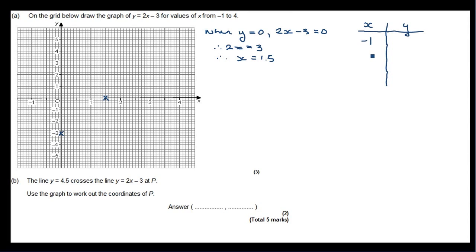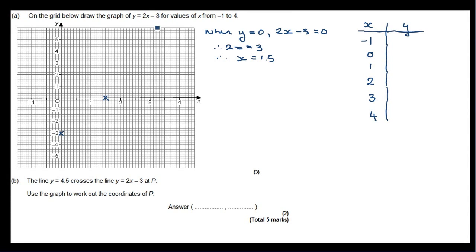If I start with -1 though, so -1, and then the next value I'm going to do is my 0, then I'll do my 1, 2, 3 and 4, and I've deliberately made my table vertical, whereas very often in past exam papers they're horizontal, and that's because it reads better as coordinates.